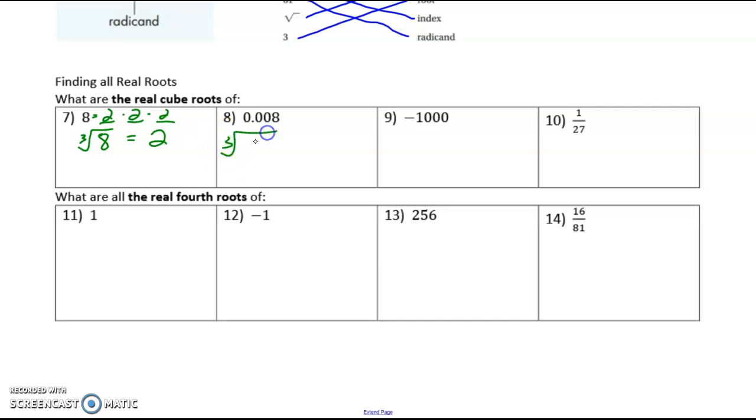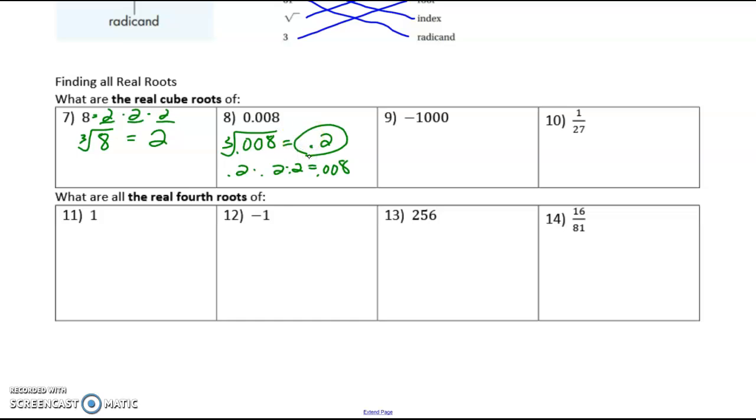Okay, the cubed root of 0.008 is just going to be 0.2. Because if I take 0.2 times 0.2 times 0.2, we get 8, and then the decimal moved over 1, 2, 3 times. So 1, 2, 3 times would give us back to the answer we started with.